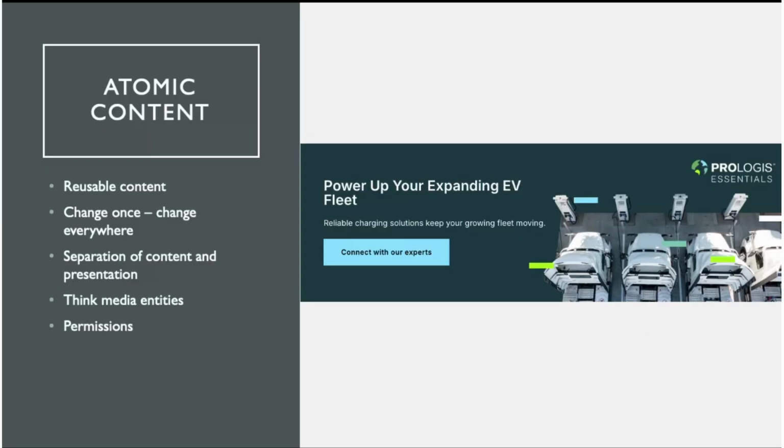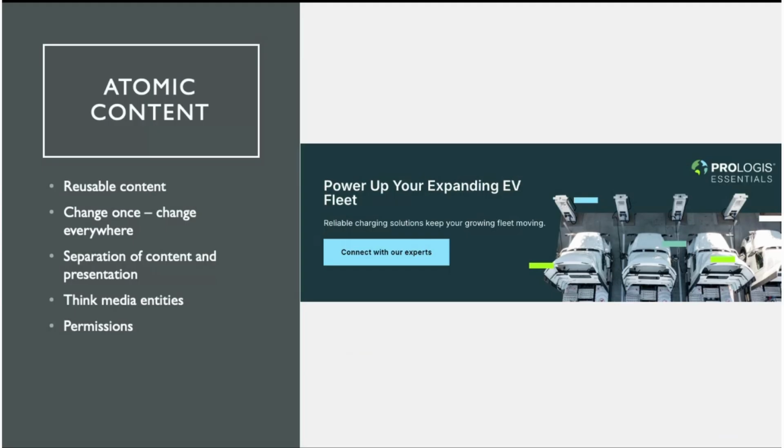So I want to talk a little bit about what I mean by atomic content. If you're familiar with atomic design, it's a similar concept. We have reusable content. We change once, we change it everywhere. We have a separation of content from its presentation.